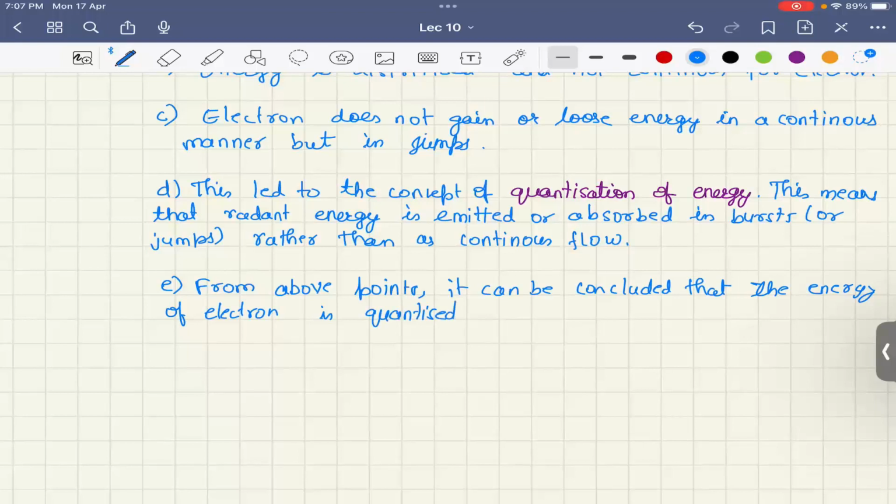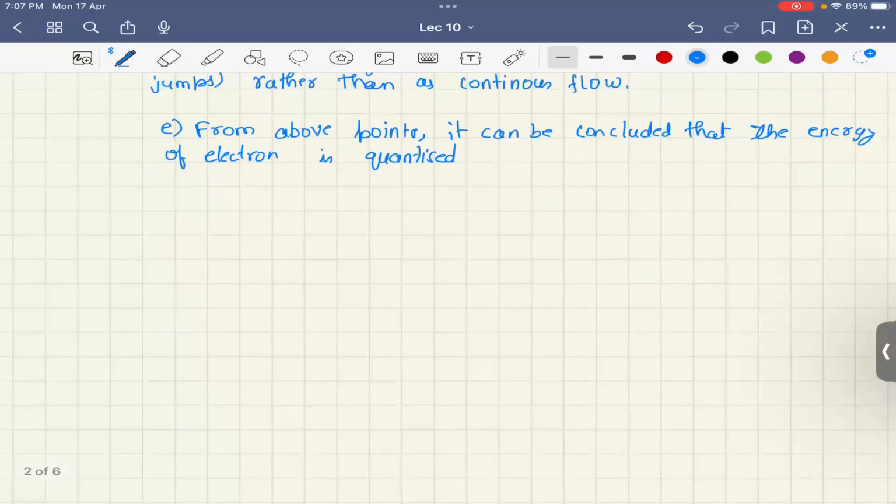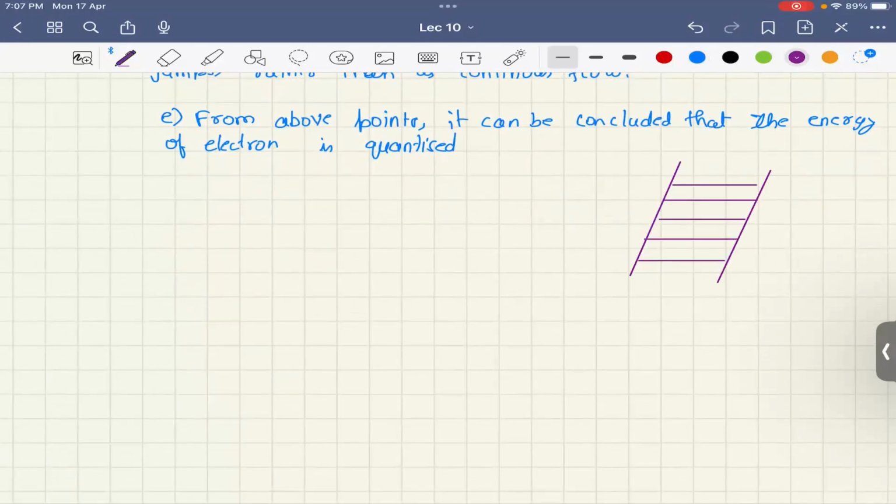The quantization concept may seem to be mysterious, but it is very easy to understand. If you take this as a grid, the discrete energy levels in Bohr's model may be compared with the steps of a ladder. Let us consider this is the first step of the ladder, second, third, fourth, or you could also say that these are the energy levels.